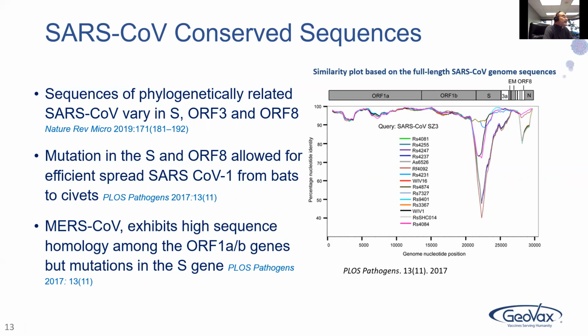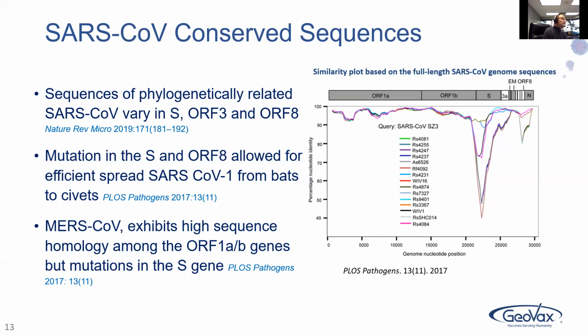And this facilitated or allowed the spread of CoV-1 from bats into civets and then ultimately into humans. So these mutations in the highly variable regions of the coronavirus protein certainly appear to be linked to changes in pathogenesis and the types of species that can be infected with coronaviruses.